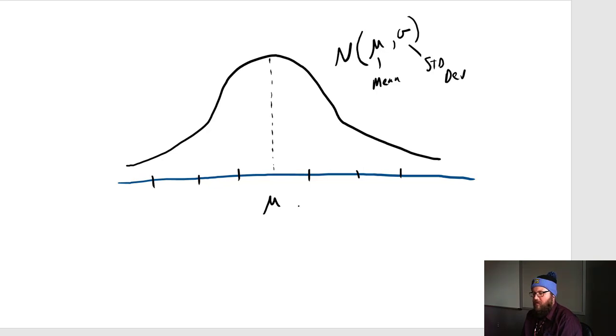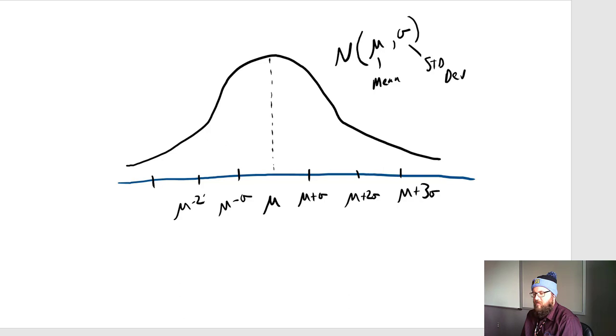So we're going to say mean plus 1 standard deviation, the mean plus 2 standard deviations, to the mean plus 3 standard deviations. On this way, of course, the opposite, mean minus 1 standard deviation, the mean minus 2 standard deviations, and the mean minus 3 standard deviations.